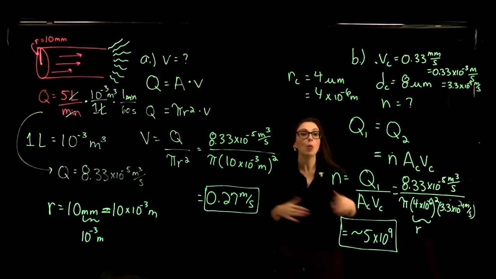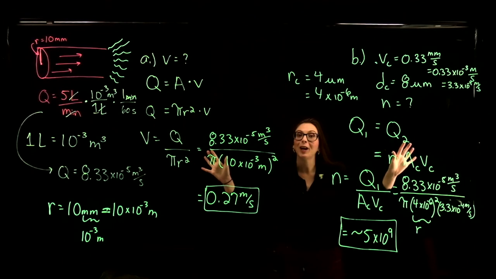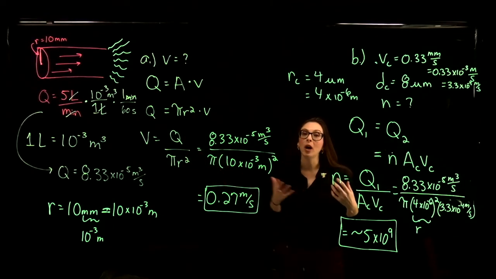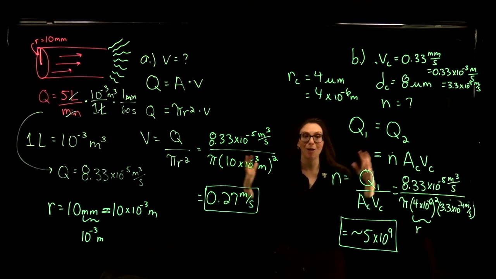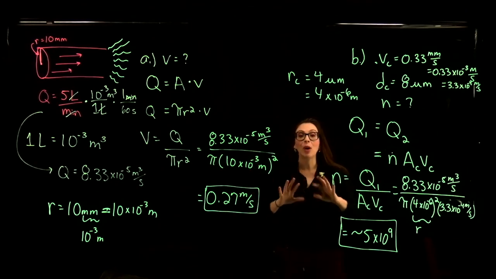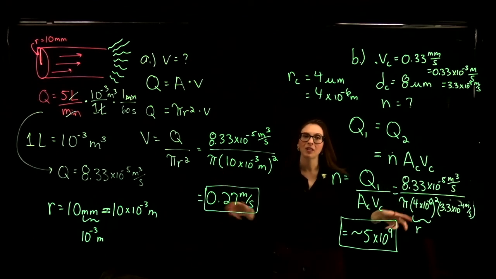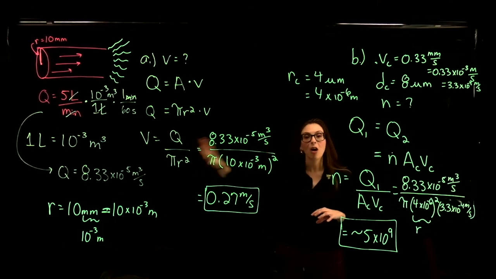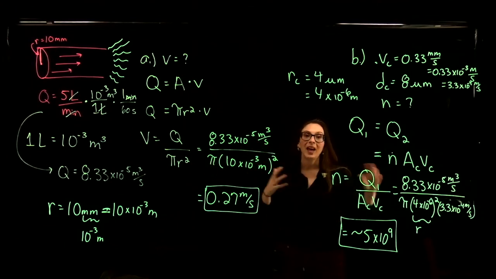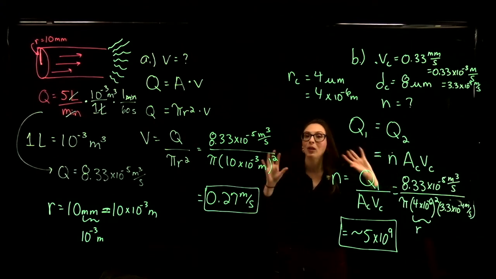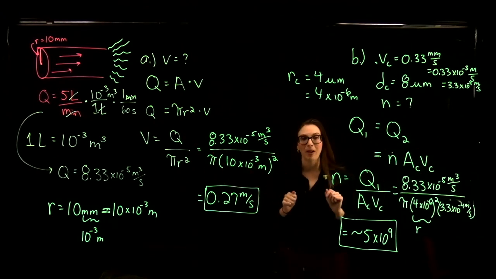This example works exactly the same way for pipes in your house. You have the main water pipe coming in from the sewer system. Okay, that's your aorta. And then all that water has to separate into all the individual pipes within your house. Those would be our capillaries here, okay? The flow rate of all that water coming in through that big pipe from the city water system has to equal the flow rate going through all the individual pipes in your house.